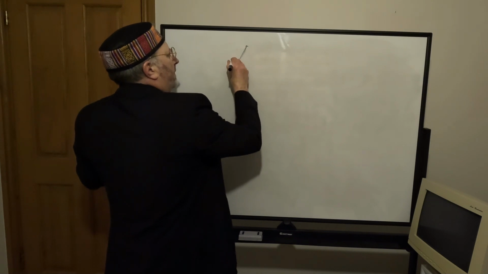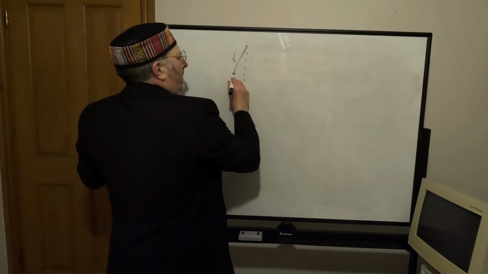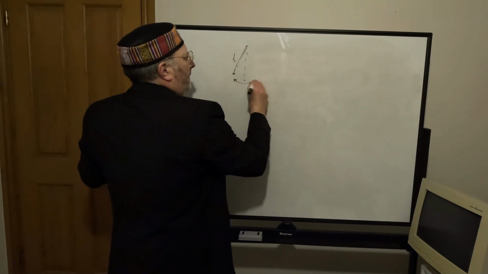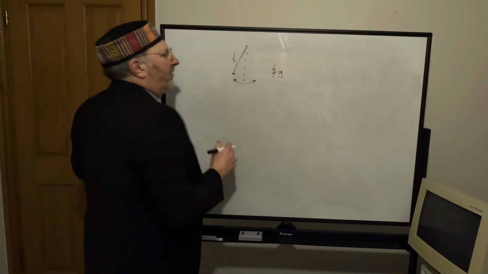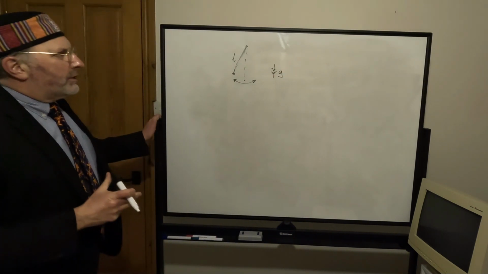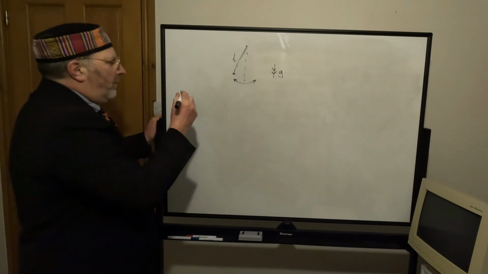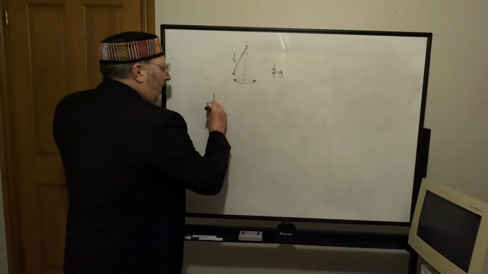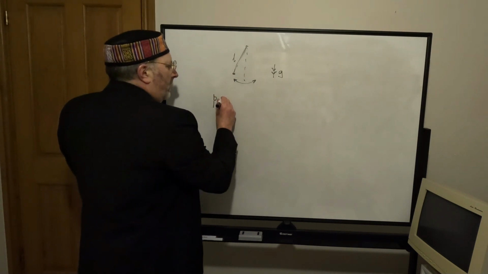There's our pendulum. It depends on the length of the pendulum as it swings back and forward, and it depends on this acceleration due to gravity, which we write as little g. So if we write down the equation, I'll use P for the period of the pendulum.